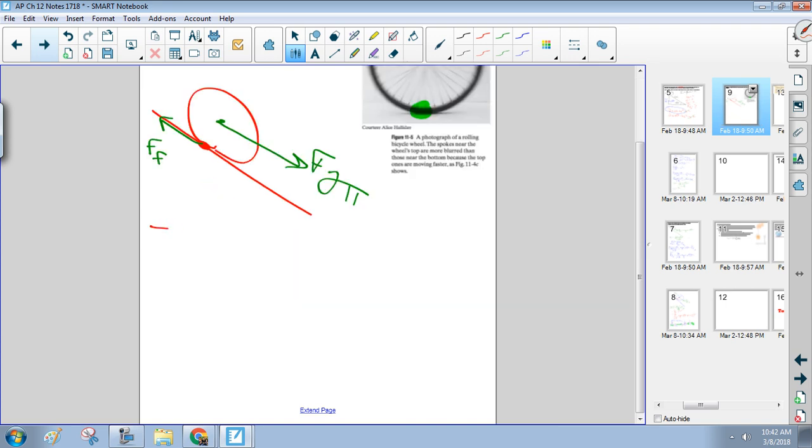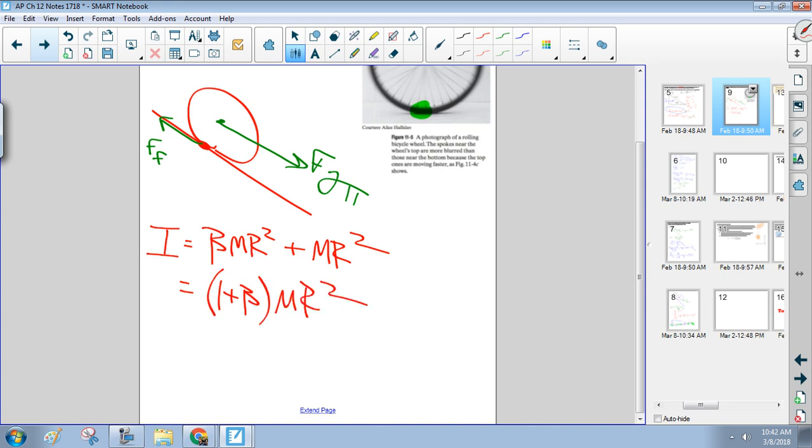So our I is going to be beta mr squared plus mh squared. What's h? R, right? Well, that's just 1 plus beta times mr squared. So that's our new I, the rotational inertia of the ball or whatever this thing is about this pivot point.